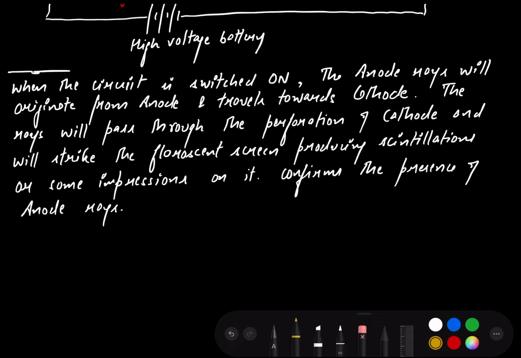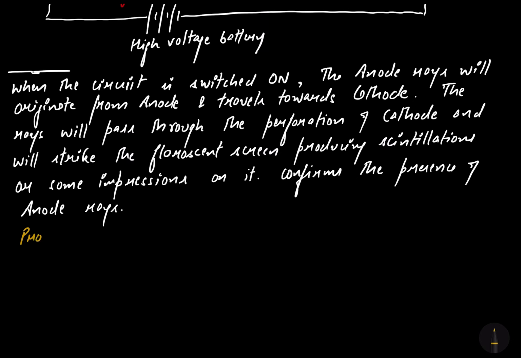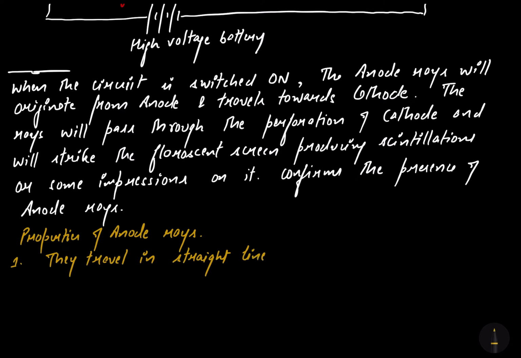So I'm writing properties of anode rays. The first property is they travel in a straight line, just like cathode rays.